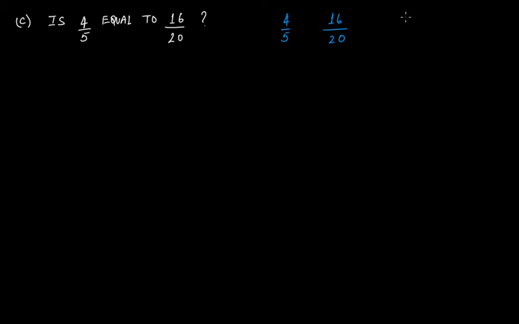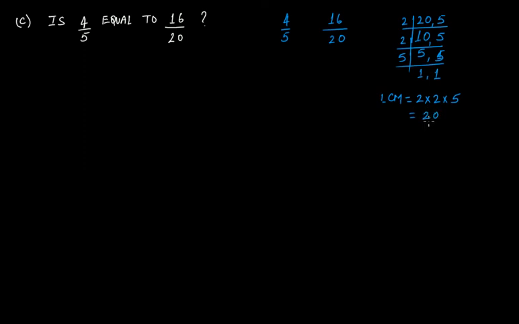The first step will be to take the LCM of 20 and 5. So if I take the LCM of 20 and 5, this will be 2 times 10 and 5, 2 times 5 and 1, 5, and this is 5 times 1. So the LCM will be 2 times 2 times 5, LCM will be 20.